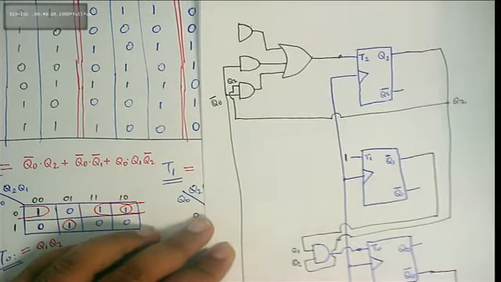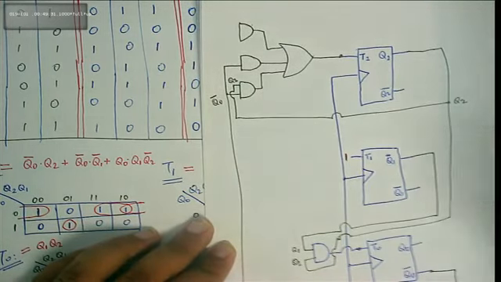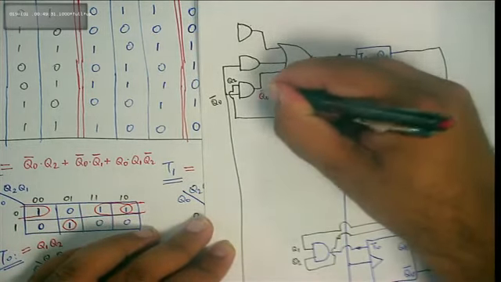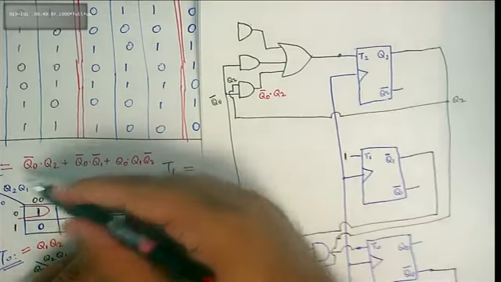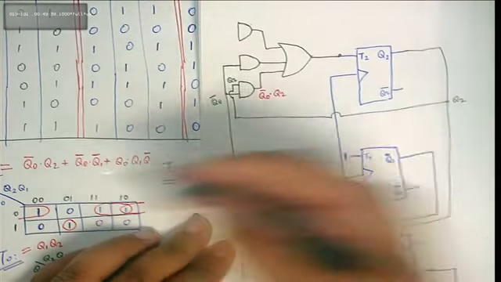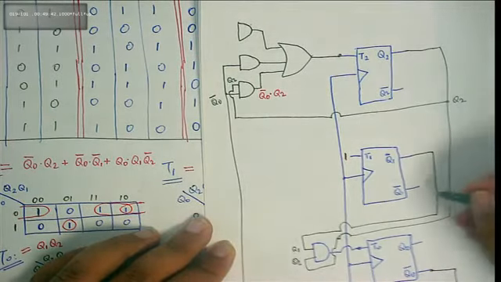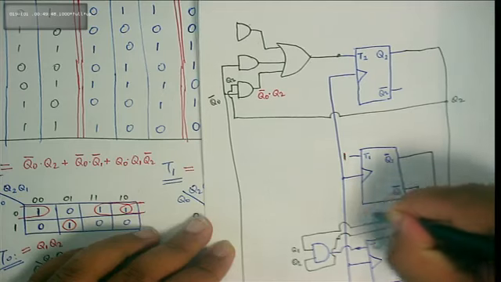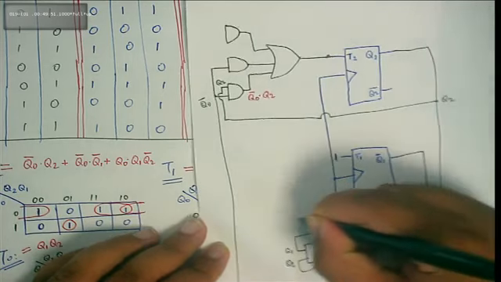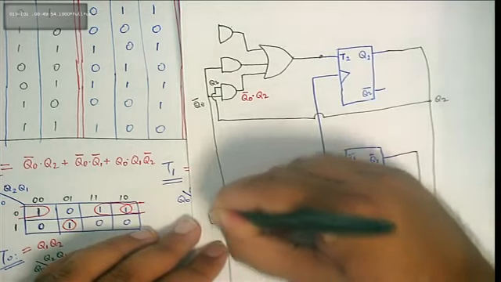That's Q2. Set? Everyone happy? That's Q0 bar and Q2, so my output over here is Q0 bar and Q2. Now Q0 bar and Q1 bar. How will we do that? Go down this way. That's Q1 bar. Go down this way. Come up here.